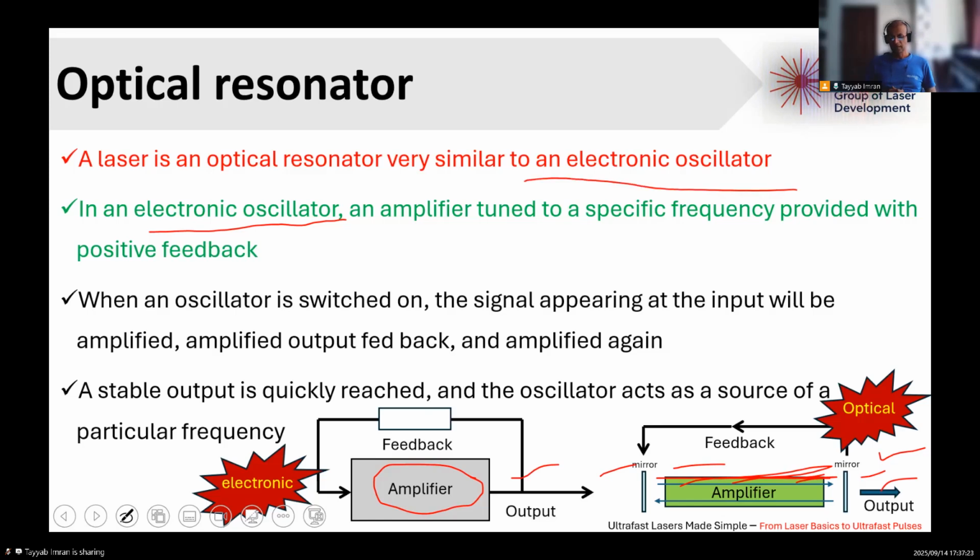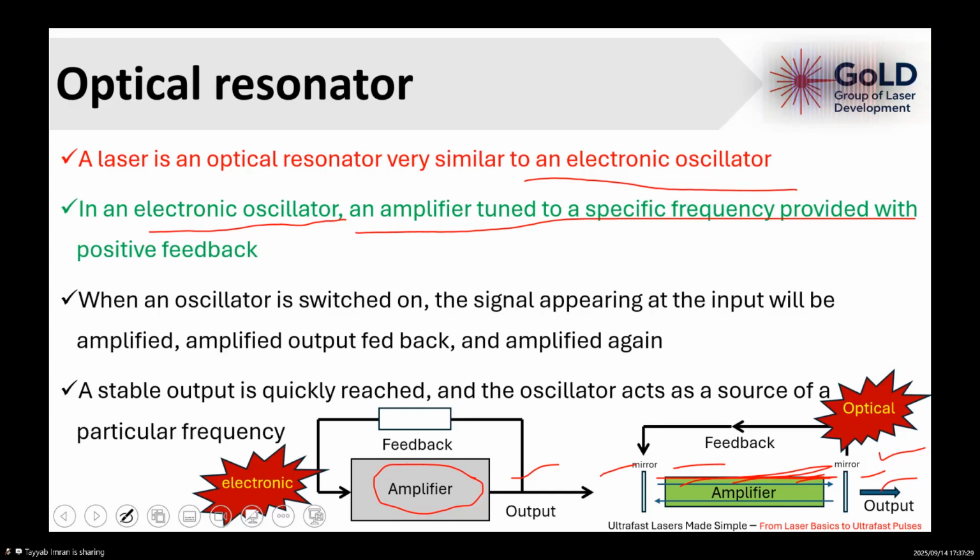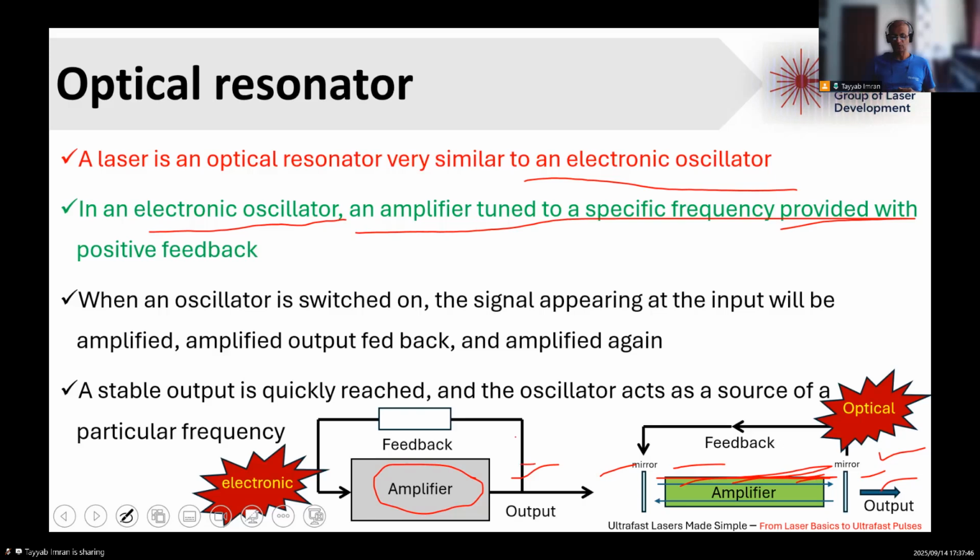In an electronic oscillator, an amplifier is tuned to a specific frequency, 10 hertz, 20 hertz, whatever it is. Then this oscillation is fed back to the input of the amplifier, so the same frequency is maintained and continuous oscillations are generated.